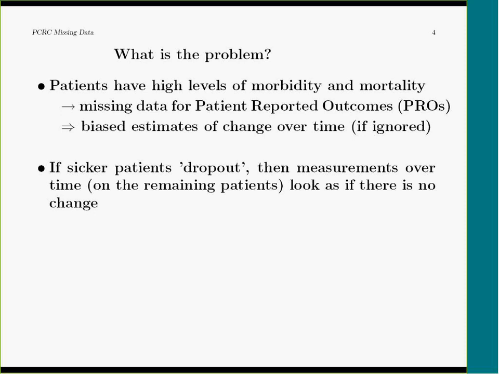We will usually underestimate the decline. If you think about it, if you have a population and you're measuring something and all the sicker patients drop out, then the measurements actually look stable over time, but in fact, in individuals, the outcomes are probably declining.